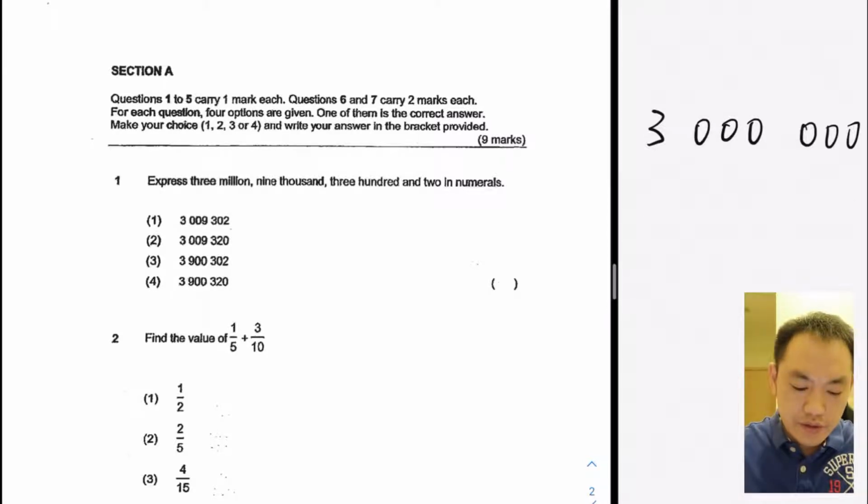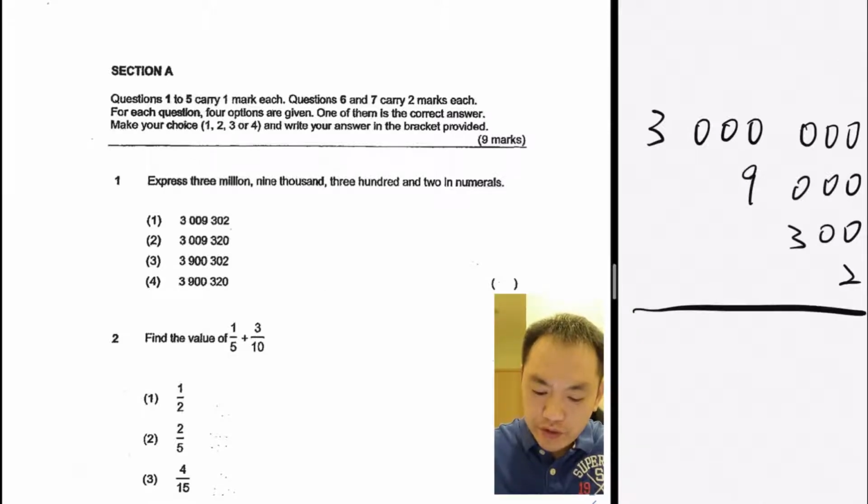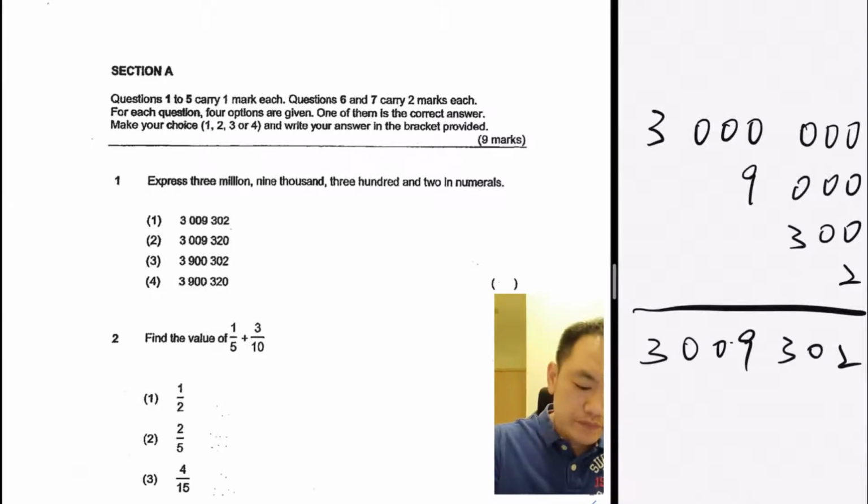So that is 3 million, and then 9,000 you can write as such, and then 300, and then 2. Okay, so if you put all of these together, it will be like this. So the answer is 1.